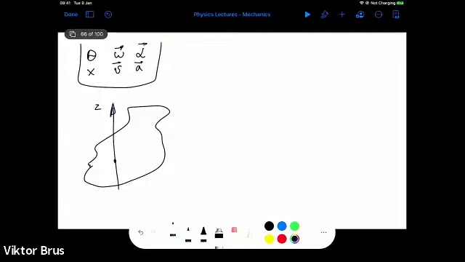Then we can pick any small part of this rigid body with mass m_i, and it will be at a distance r_i from the axis of rotation. And since it moves along a circular trajectory, it will also possess some linear velocity v_i.